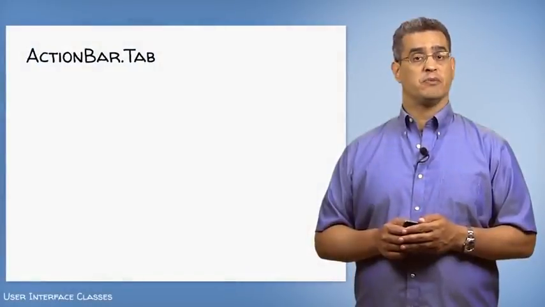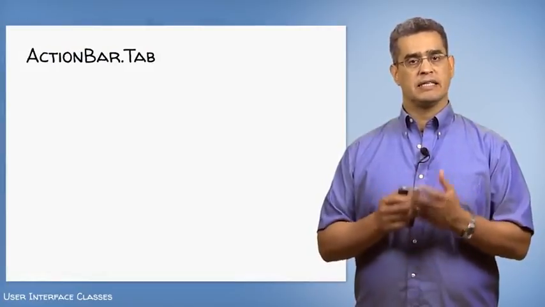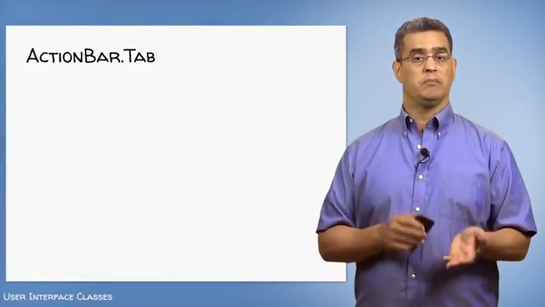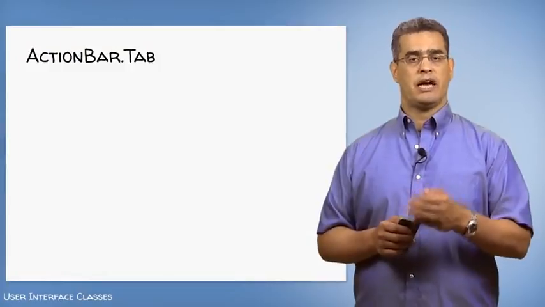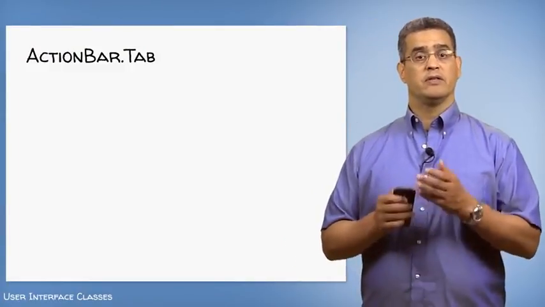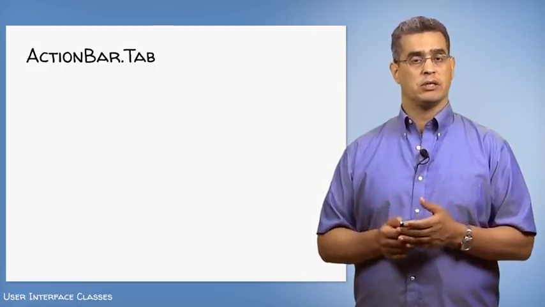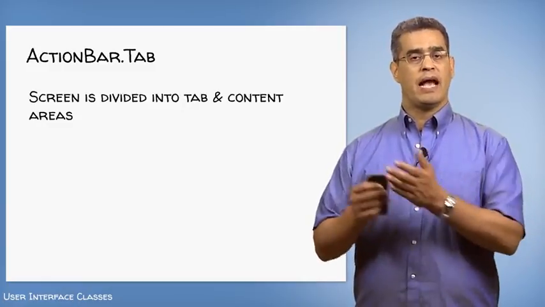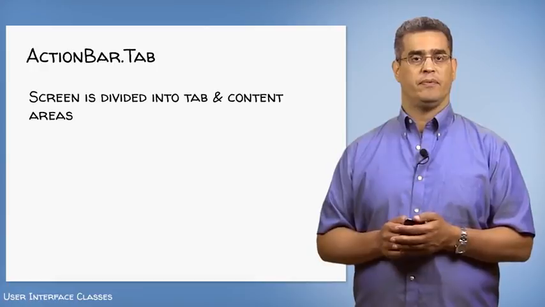Another use of the action bar is to help provide a consistent way of switching between different views in an application. When using the action bar this way, the screen is divided into two sections, a tab area and a content area.